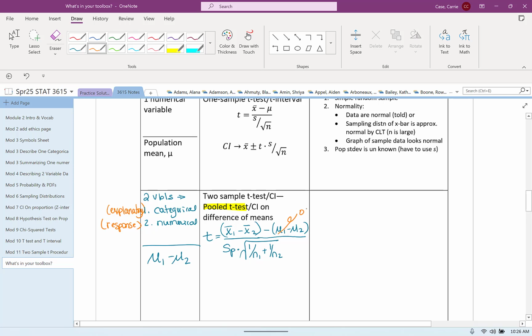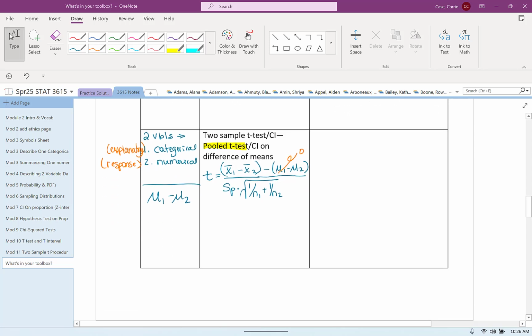So that almost always goes away. Then the confidence interval formula for this same test statistic is x bar 1 minus x bar 2 plus or minus t times the pooled standard deviation times the square root of 1 over n1 plus 1 over n2.